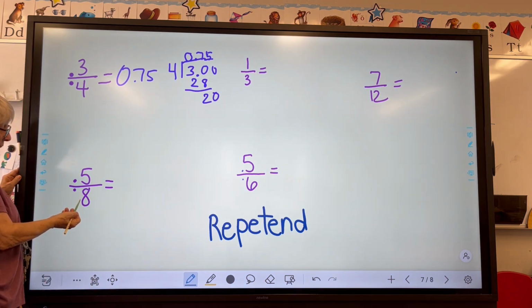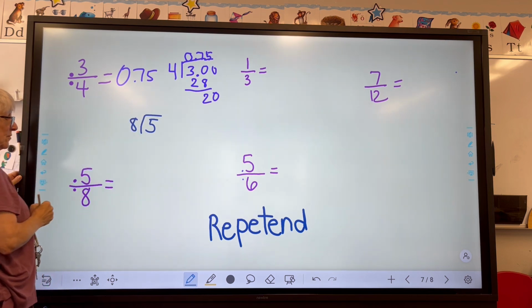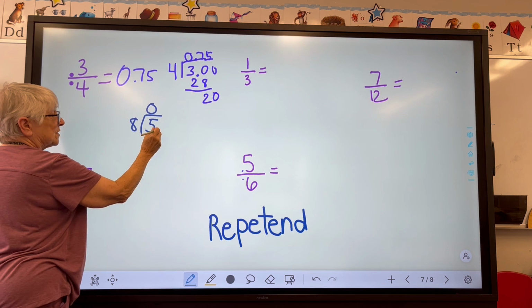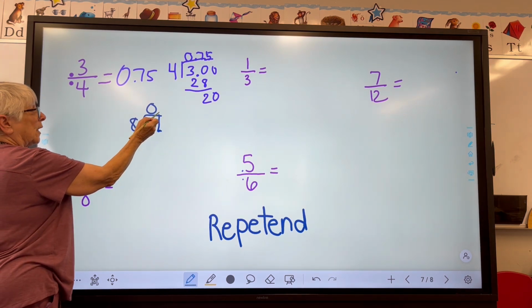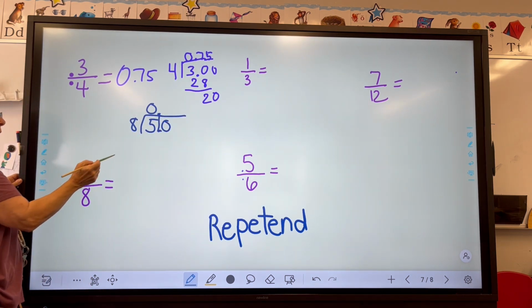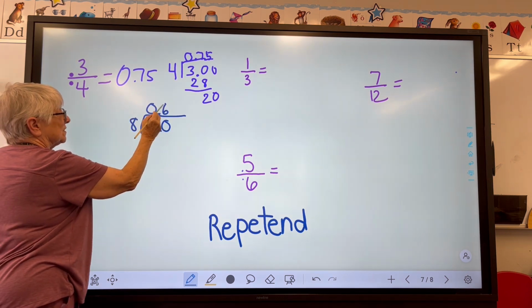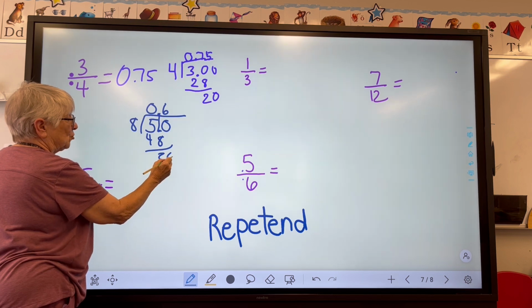Now, the 5 goes in the box, and the 8 goes on the outside. Does 8 go into 5? No, it doesn't. Here's the decimal, remember, comes right after the number, and I bring it up and add a 0. Does 8 go into 50? Goes in there 6 times. 6 times 8 is 48. 2.